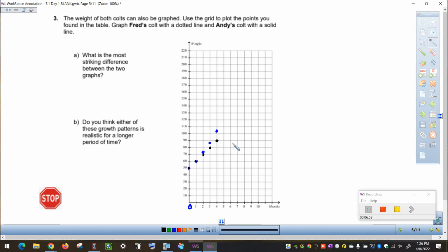So let's go ahead and continue to fill in the rest of the points. We'll do this all the way up to month 8. Fred's is a little bit easier to fill in, because every month we're just adding 10 kilograms.